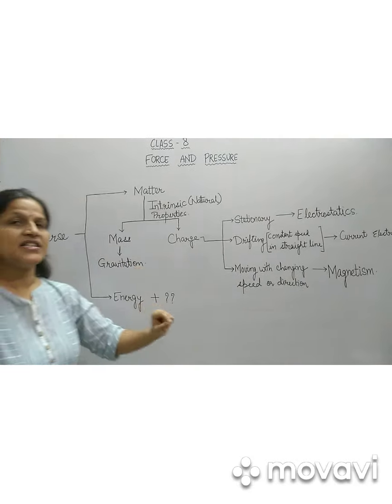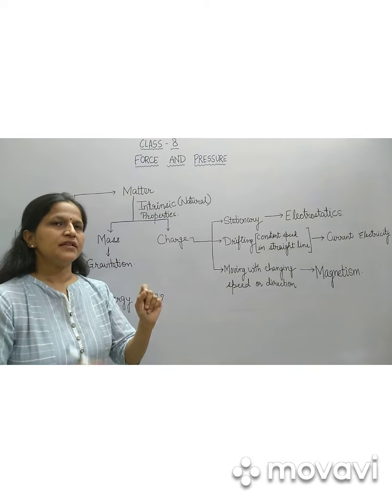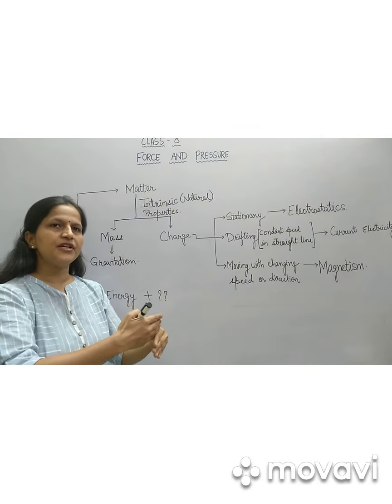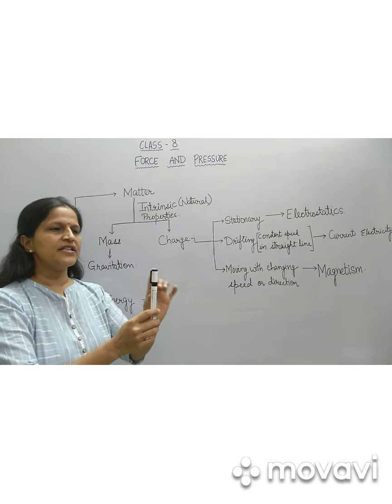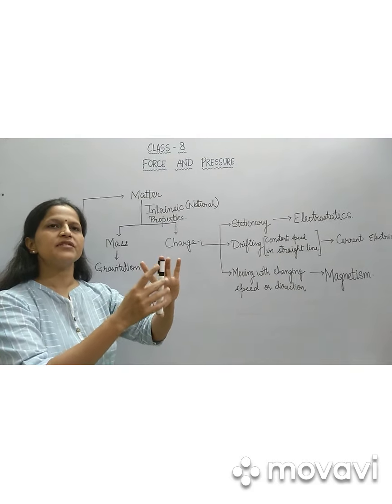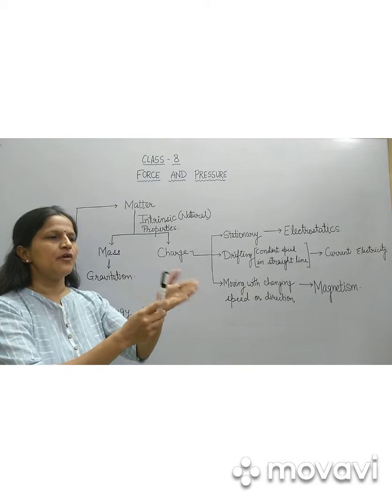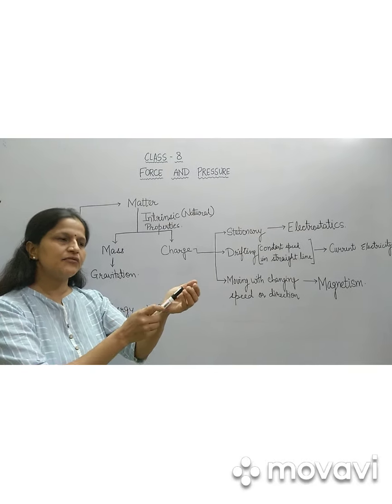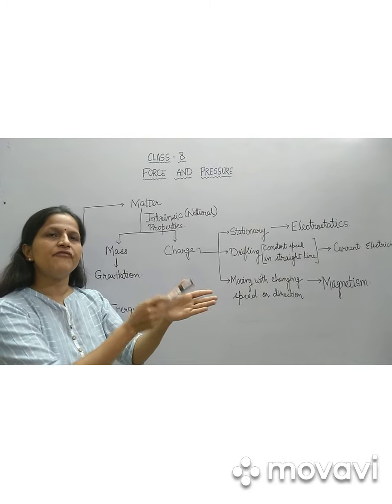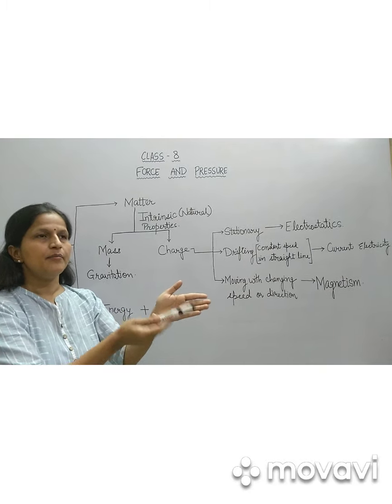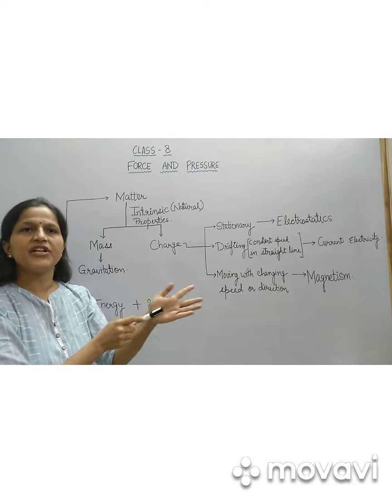Charges which are present inside the atom may be transferred to some other bodies. For example, this is a marker and this marker also has some electrons and protons inside it. Now when I rub this marker with, suppose, a woolen object, the electrons get transferred from one object to another because they gain energy due to friction.